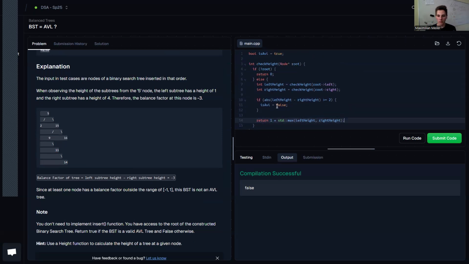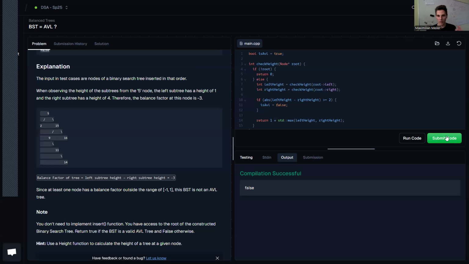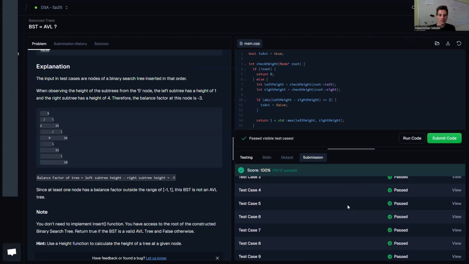But as we're doing that, we check if the difference in heights is too great, and if it is, we essentially set this is AVL flag to false. And when we're done calculating and checking every single node, we can return this is AVL flag to get the overall quality of the tree. So let's submit. And it looks like we passed all the cases.